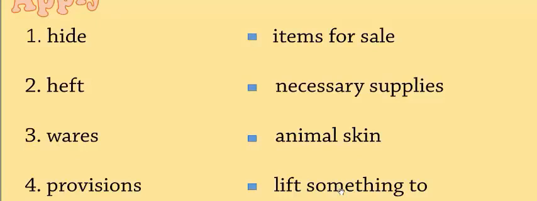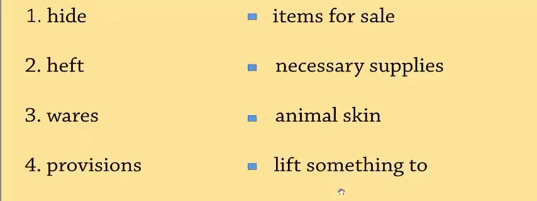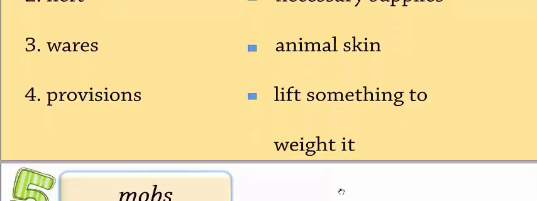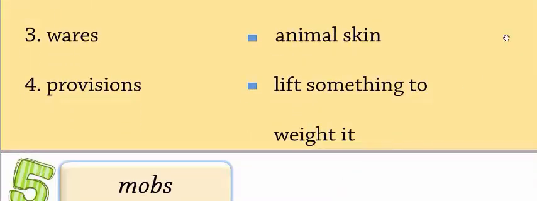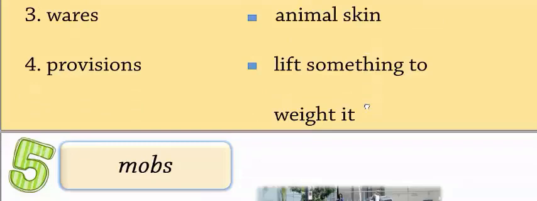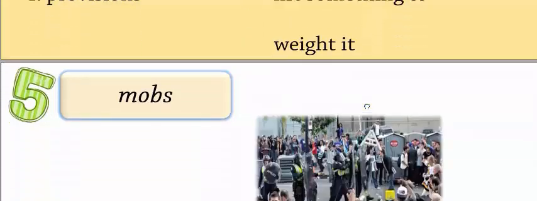In the second column, we have definitions, and you have to match each word to its definition. Items for sale, necessary supplies, animal skin, lift something to weigh it. After this application, it's time to move to the second group of words.